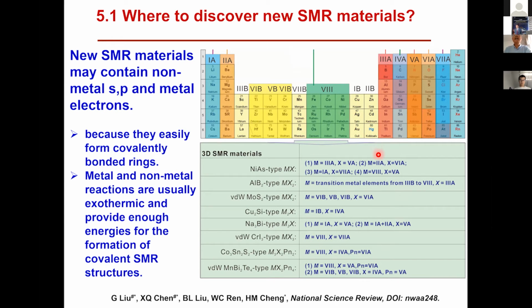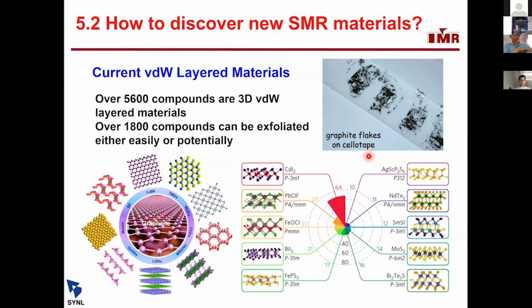So we can calculate the structures and their stability, try to synthesize the materials, and then find their unique properties. The second is how to discover new six-membered ring materials. We know that there are many van der Waals layered materials.